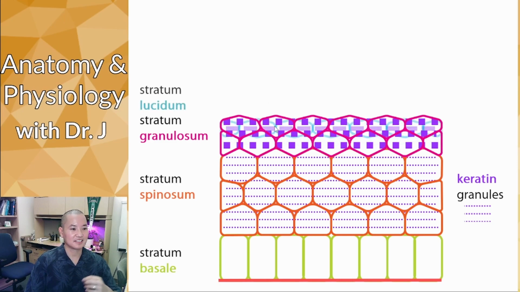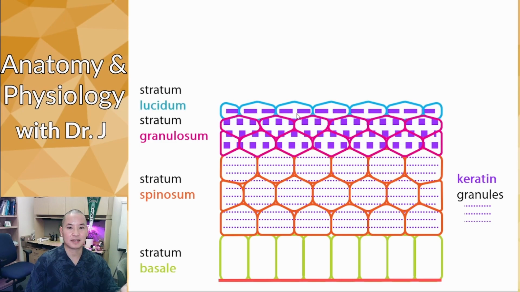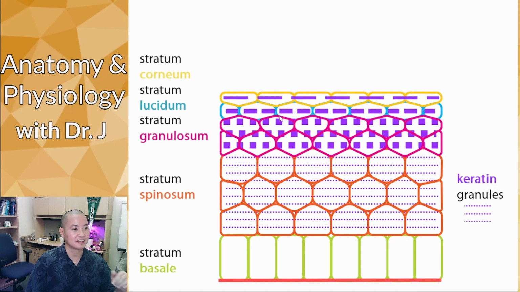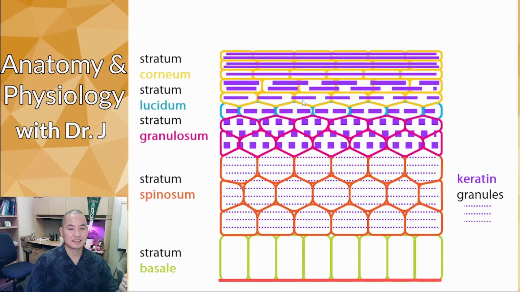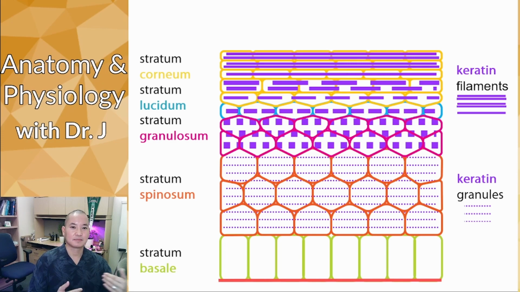Eventually, as they go toward the 5 layers, or 4 layers in thin skin, they reach the corneum, and this is why the outermost layer of your skin is water resistant, and why you can put a bead of water on your skin and then wipe it off and have it roll off. At this point, it starts to form these long filaments, and this is why the outer layer of your skin is mostly hydrophobic.